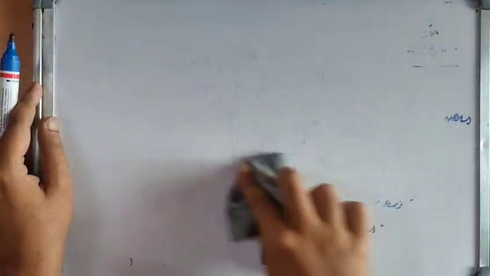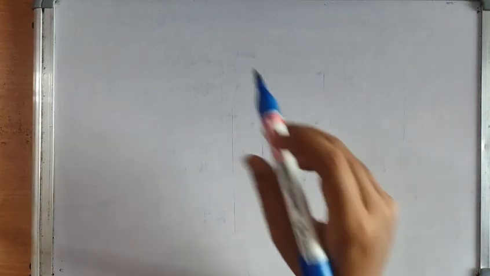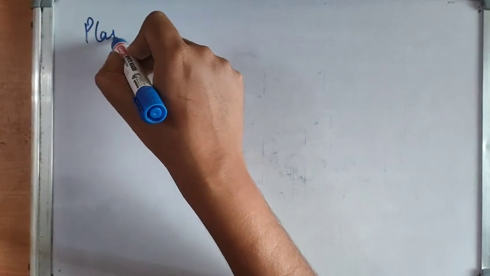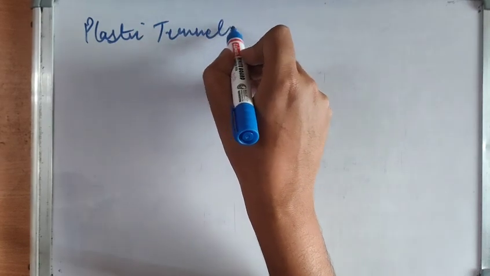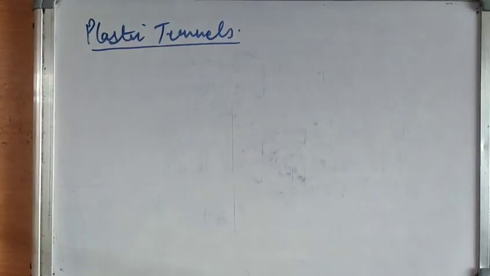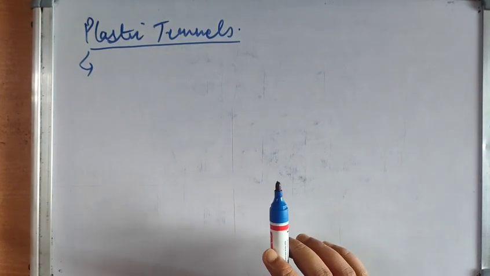Now one question asked in this protective cultivation topic was about plastic tunnels. What are plastic tunnels? These are miniature structures producing a greenhouse-like effect.